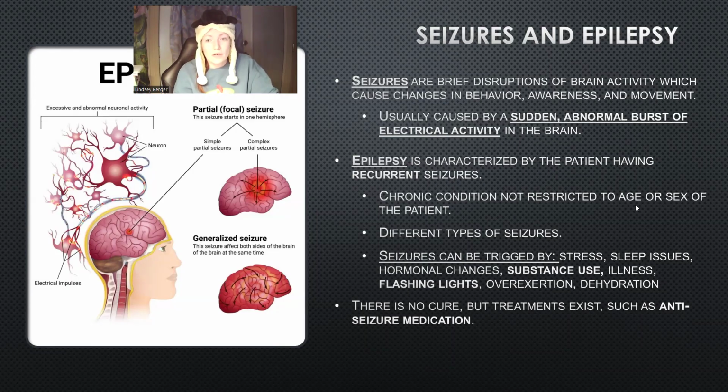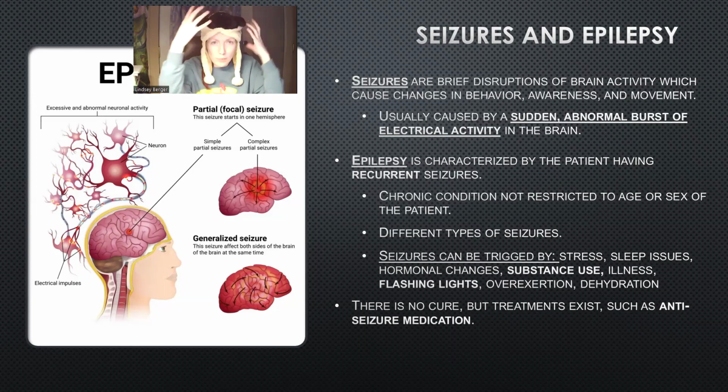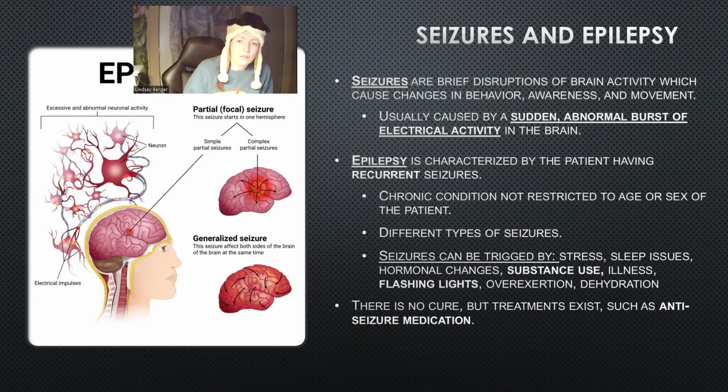Kind of varies. There's different types of seizures in terms of severity, where in the brain they are, and how widespread they are. It varies. They can be triggered by certain things like stress or sleep issues or hormonal changes or taking substances you're not supposed to. Dehydration, overexerting yourself.